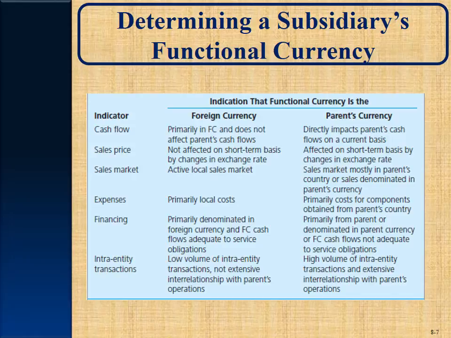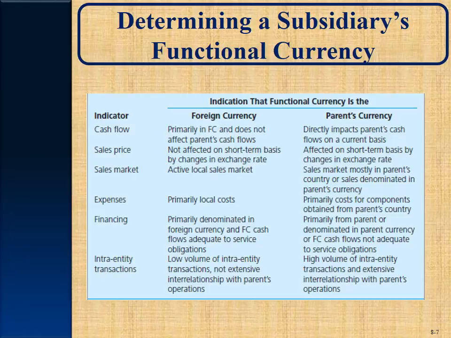Intra-entity transactions, if there's a low volume of them between the foreign entity and the parent, more of a foreign currency approach. If it's a high volume of intra-entity transactions with the parent, then it's more of a parent's currency. So you have to look to see what's the functional currency.